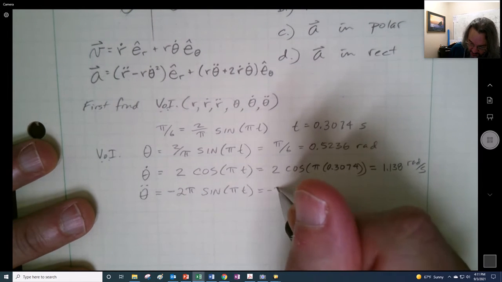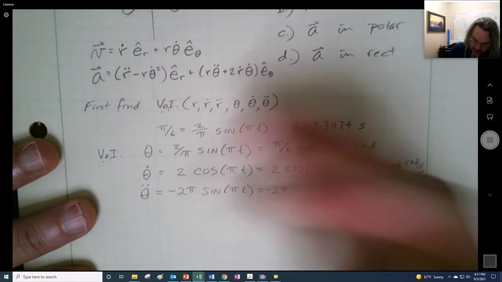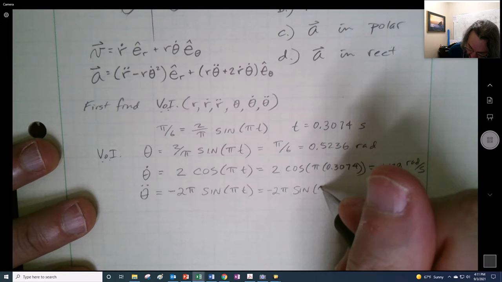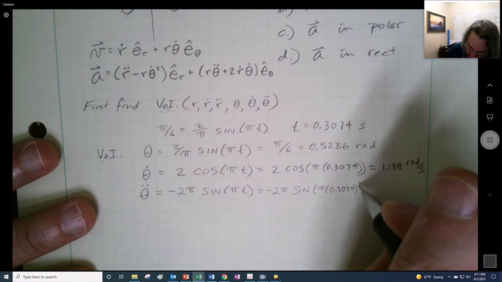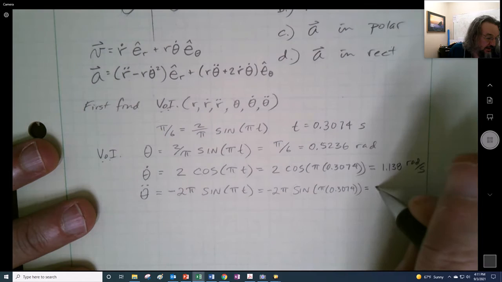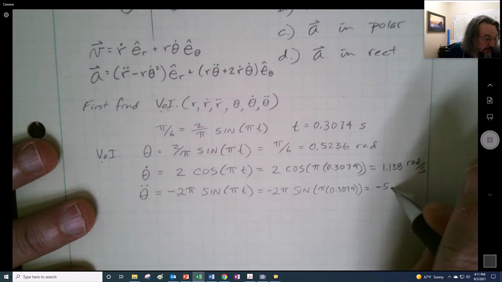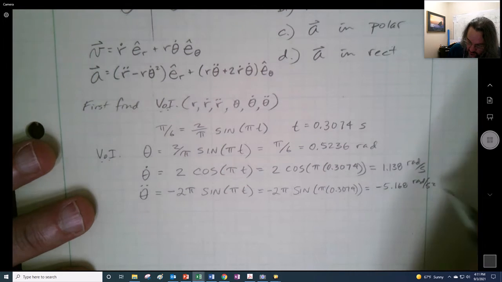And if we plug those numbers in, sine of pi times 0.3074, we get a negative 5.168 radians per second squared.